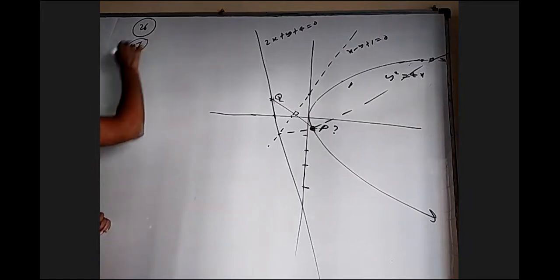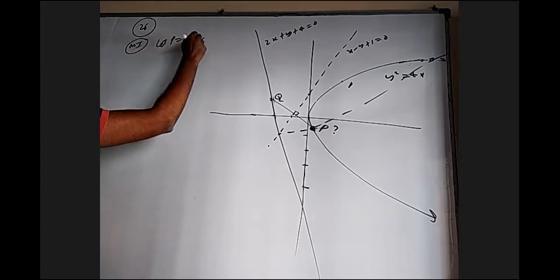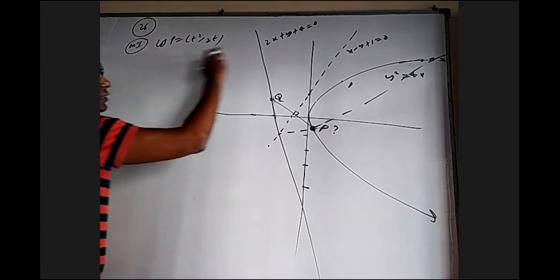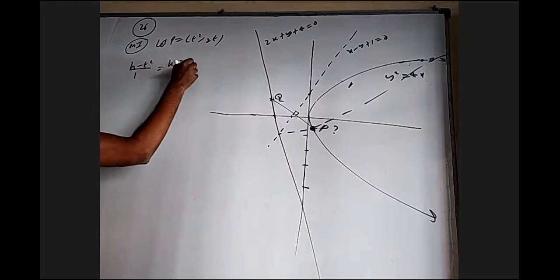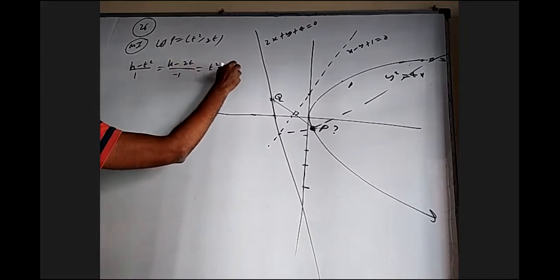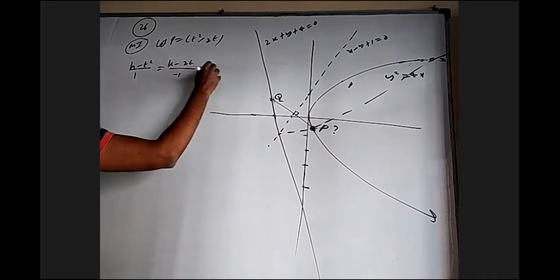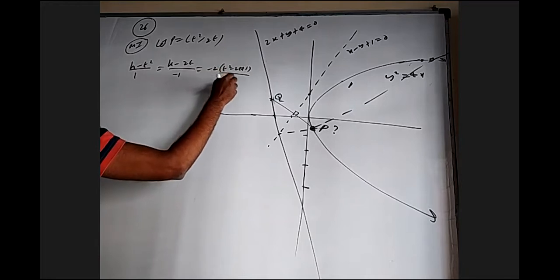Okay, so method 1 I want to try. Let P be t square, 2t. What is the image of this with respect to this line? Image means h minus t square by 1 equal to k minus 2t by minus 1 equal to minus 2 times t square minus 2t plus 1 by 1 square plus 1 square.